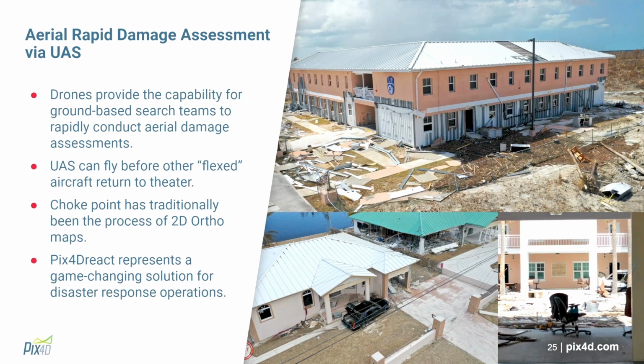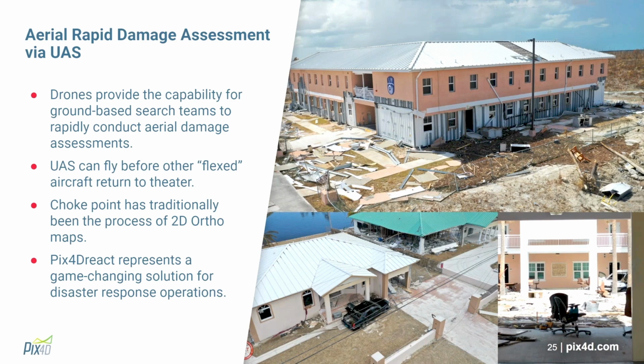A great case example for that was Hurricane Irma that came up through the bottom of Florida, and most of the aircraft in the southern part of Florida were flexed up to Orlando to the Orange County Convention Center, which meant as that massive Hurricane Irma was moving up through Florida, there were no air assets in South Florida, in Miami, that could launch immediately after the storm went through. Hurricane Irma was between where they had gone to and where they were needed. Drones were really the only air force that was available to get eyes up and on the damage.